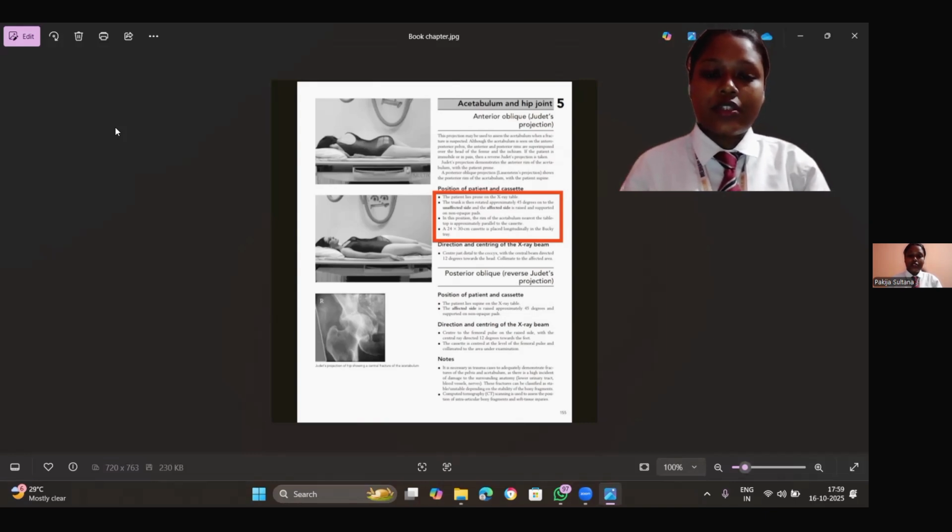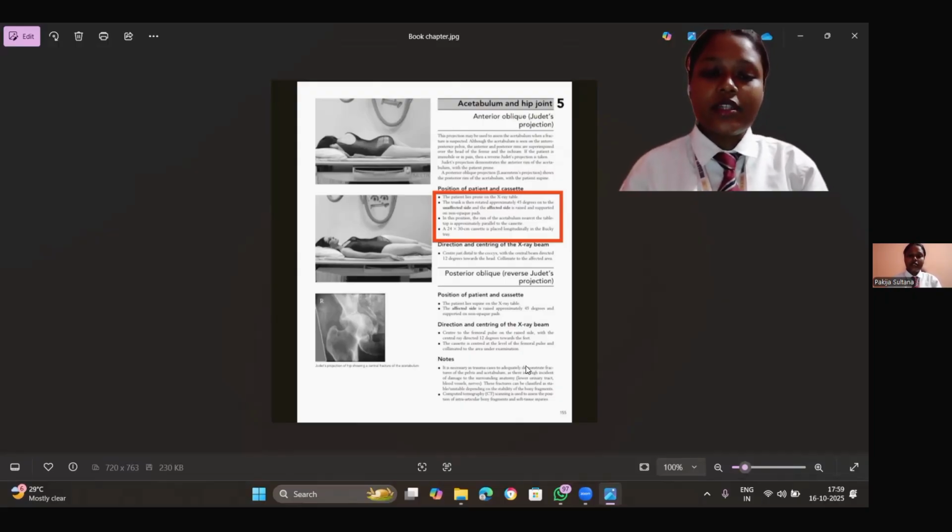In this position, the acetabular rim near the table becomes nearly parallel to the film. A 24 by 30 centimeter cassette is placed longitudinally in the Bucky tray, centered to the X-ray beam.